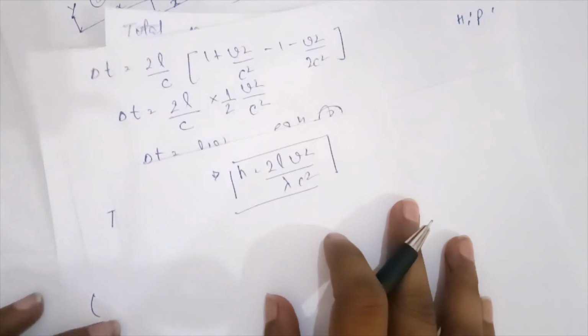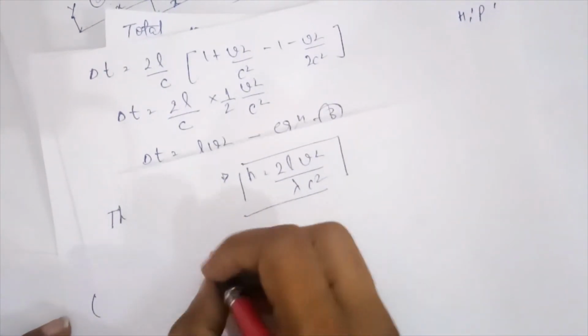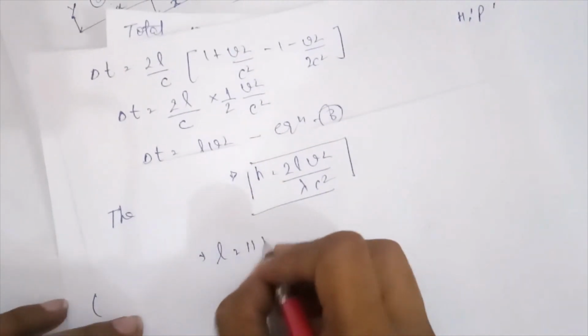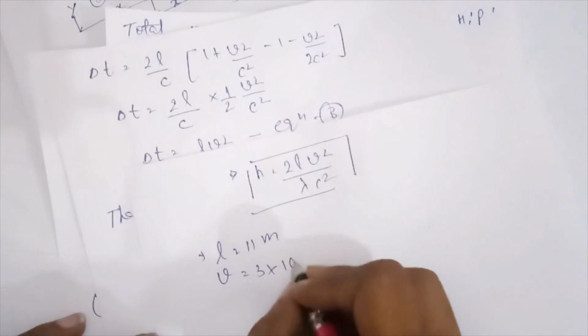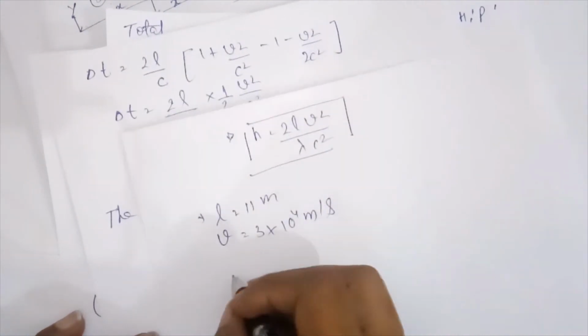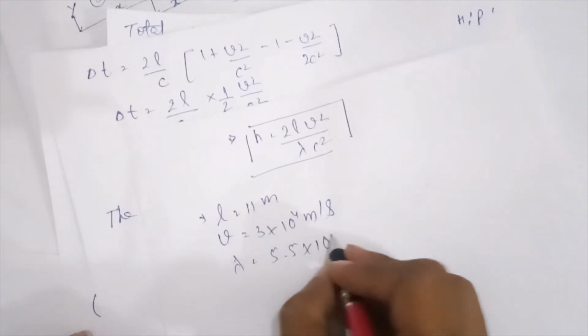Now, in the Michelson Morley experiment, we have some considerations: L equal to 11 meter, velocity of the earth is 3 into 10 to the power 4 meter per second, and the visible fringe wavelength, that is lambda, equal to 5.5 into 10 to the power minus 7.